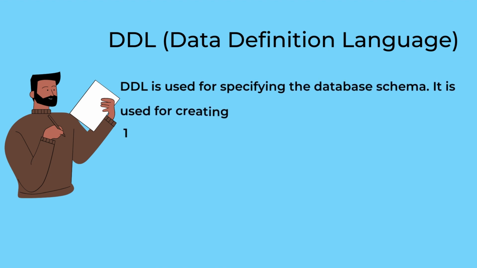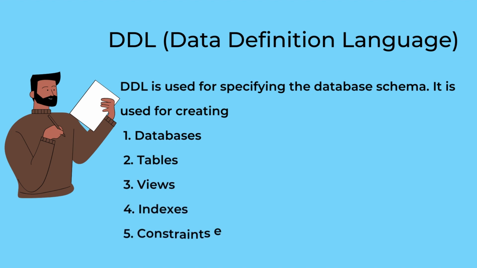First one, DDL, data definition language. DDL is used for specifying the database schema. It is basically used for creating databases, and not only does it create a database, but it is also responsible for creating various objects of databases.